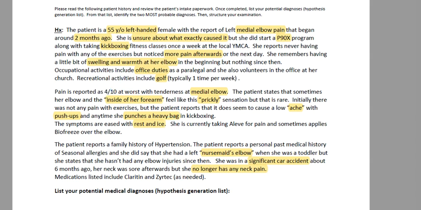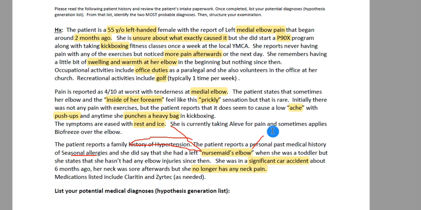Okay, then we have this third paragraph here. So in the third paragraph, does anything stand out? She does have a family history of hypertension, so we know it would be important to measure her blood pressure. Past medical history, seasonal allergies, good to know, but doesn't really change too much of our thought process. Now nursemaid's elbow, what is that indicating?